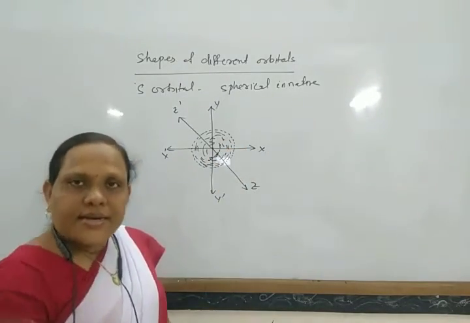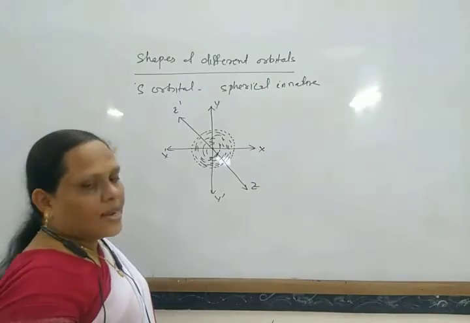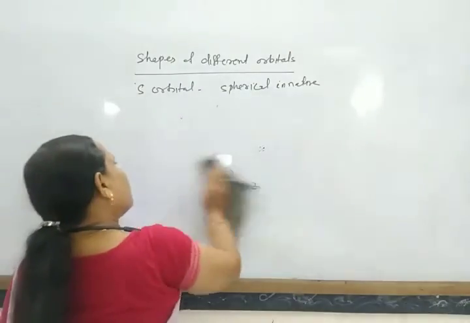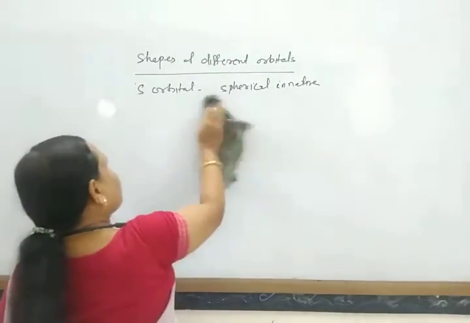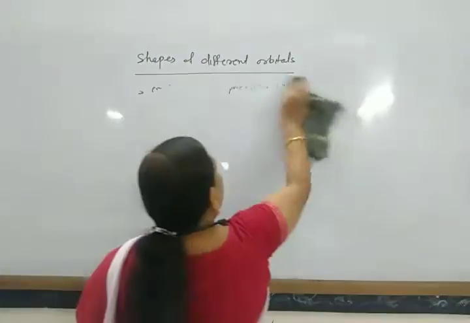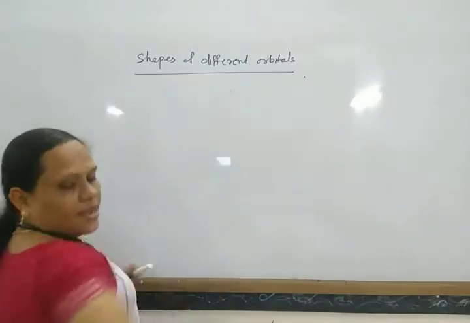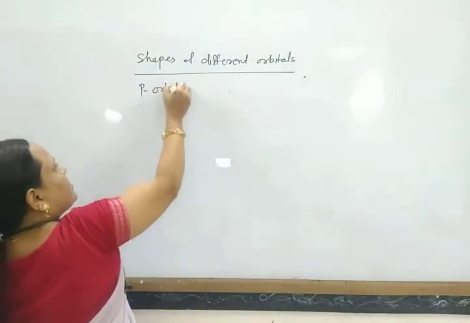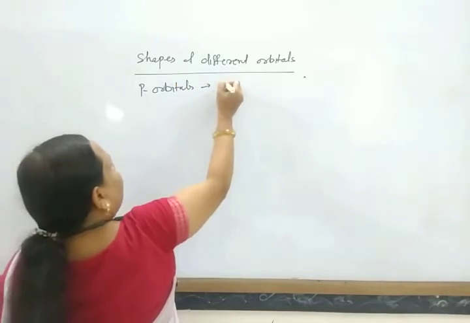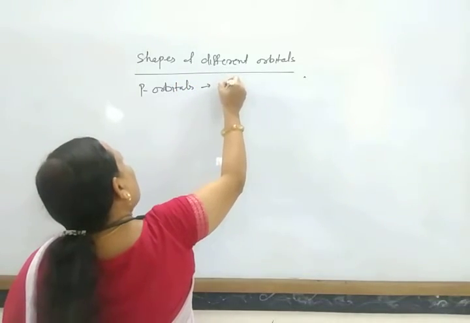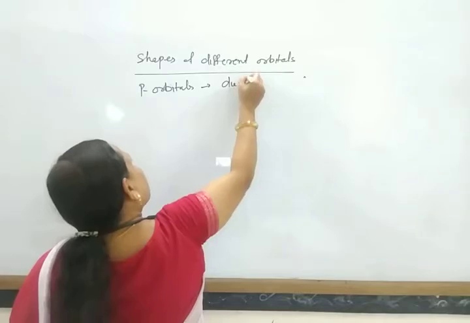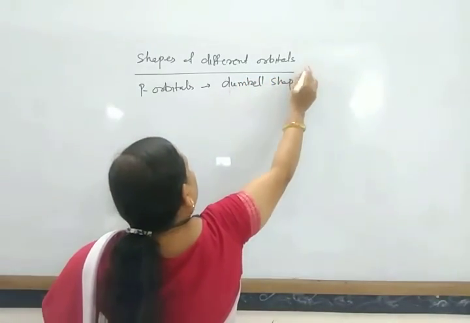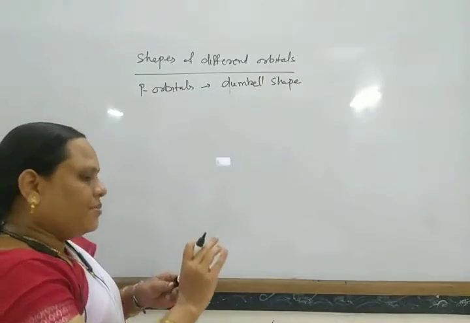Next, come to the p orbital. P orbitals have a dumbbell shape, that is, double bell concave.